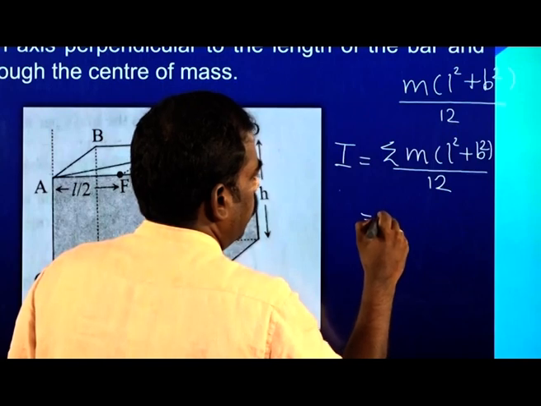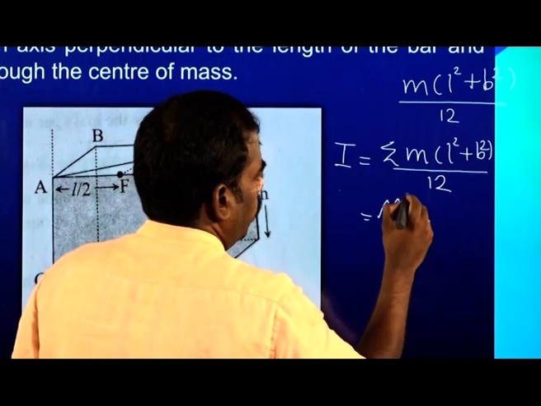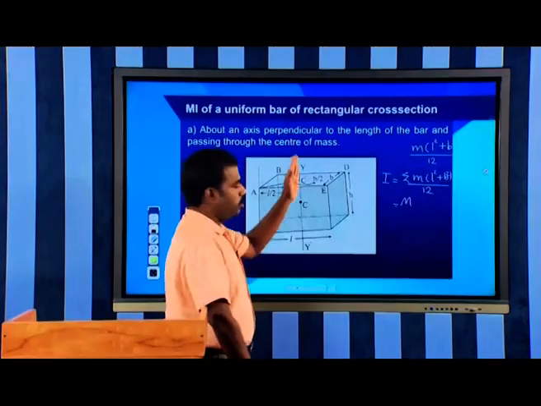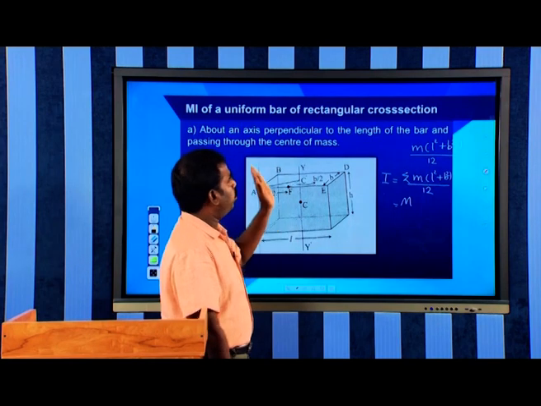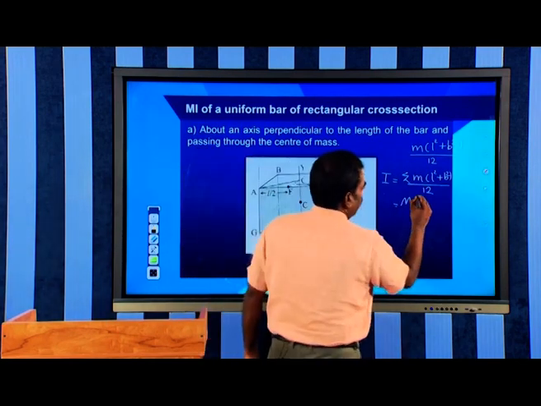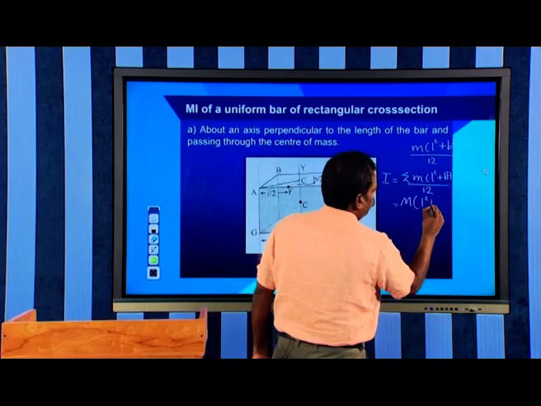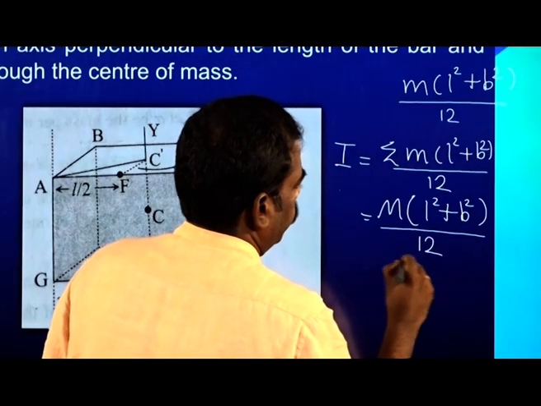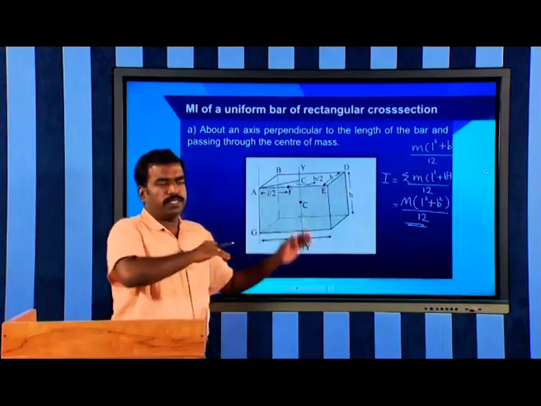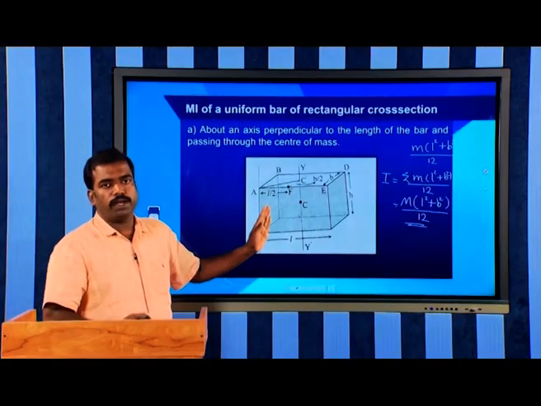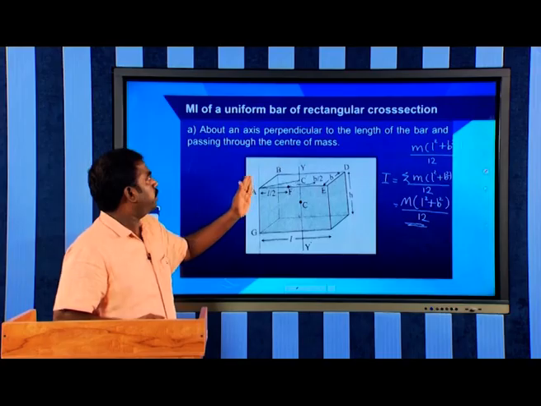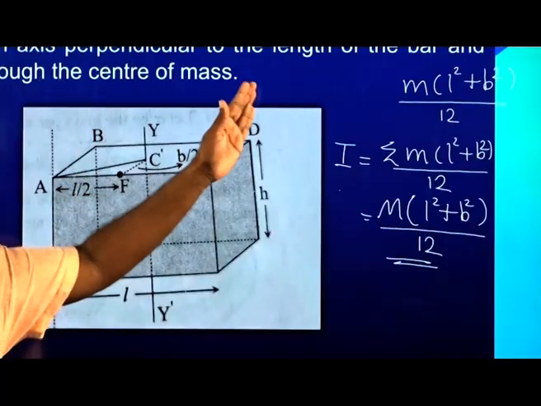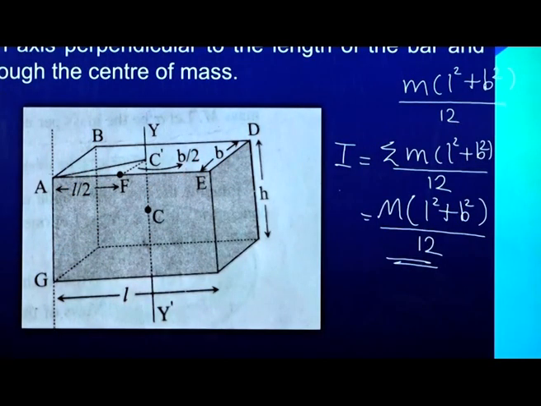So the moment of inertia of the solid bar about an axis passing through its center of mass and perpendicular to its length is given by capital M into (L square plus B square) by 12. This is the moment of inertia of the rectangular bar about an axis perpendicular to the length of the bar and passing through the center of mass.